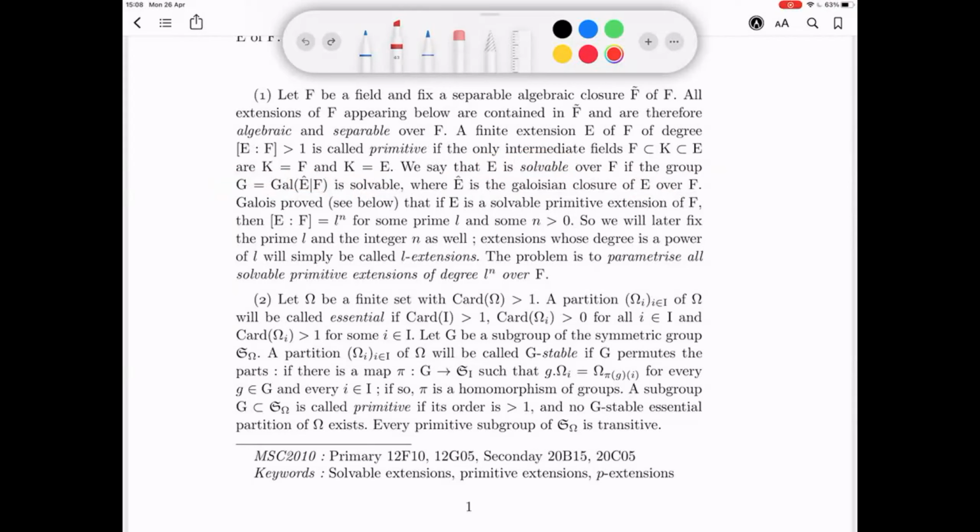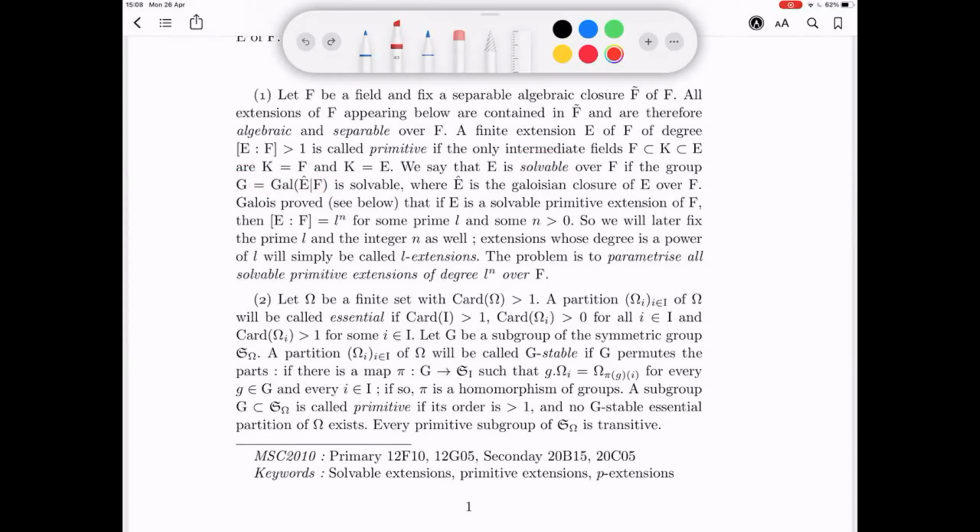Now, here's the important thing. We had stated and proved Galois's theorem, which classified extensions of degree p which are solvable.